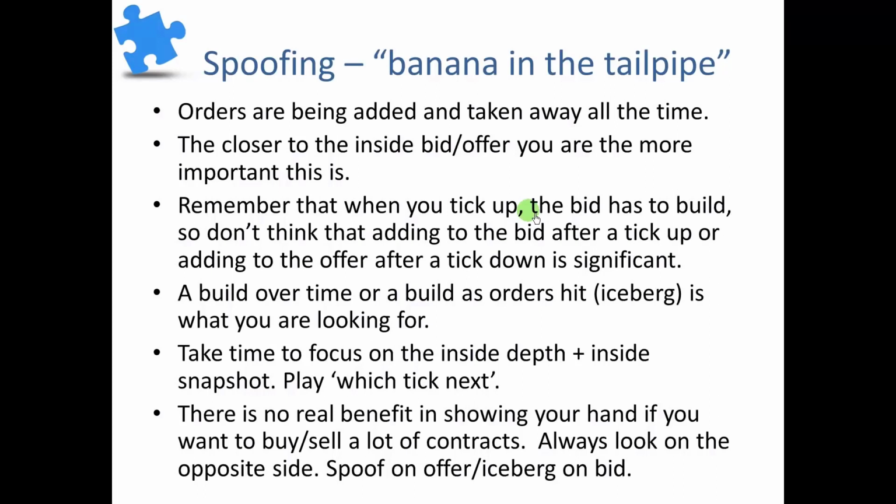Okay, and the same on the offer side. When we tick down, you're ticking down into an area where there's no offers. So it's going to take a little bit of time, just 2-3 seconds, for the offers to build up. So if we tick up or we tick down, you've got to give it a few seconds to let that level build, let the inside bid and offer build, and then once it's built, then you can look at what's changing to the bid and offer and say, okay, those guys are pulling out of the way, those guys are stacking onto that level.